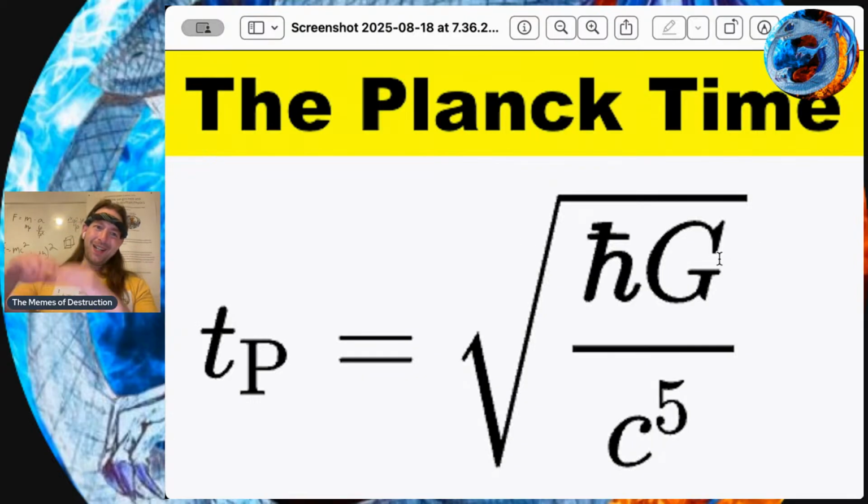Big G has length cubed, because it's talking about a volume thing, divided by mass, and then acceleration, which is time squared. So those things will cancel out, and you will get a single dimension, and it will be time. It happens to be like 5.391 times 10 to the minus 44 seconds.